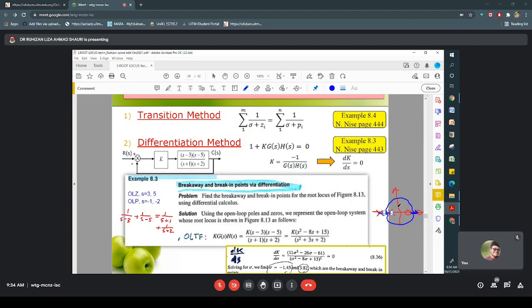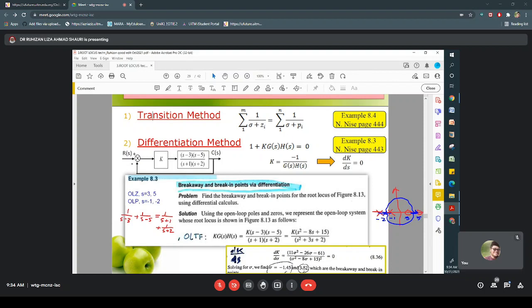And clearly you can see that there is a need to calculate the break-in and breakaway points. Do you understand what I mean? That is 5. Yeah, 3, 5. And this is minus 1. This is minus 2. Once you finish with that solution, you get s equals minus 1.45.